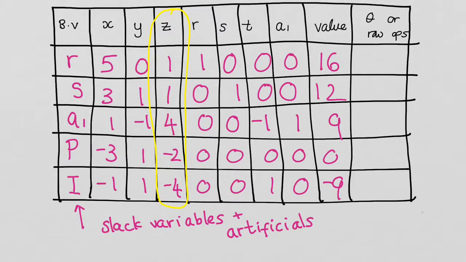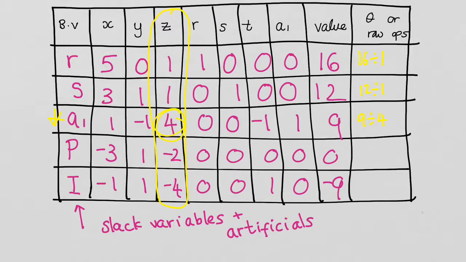Okay, so let's work out theta. So we've got 16 divided by 1, we've got 12 divided by 1, and we've got 9 divided by 4. So this is going to be our pivot row, that is our pivot element.